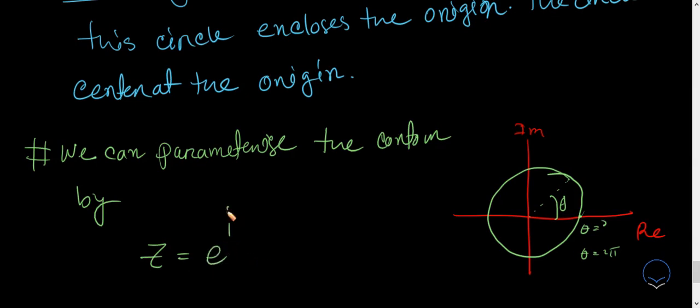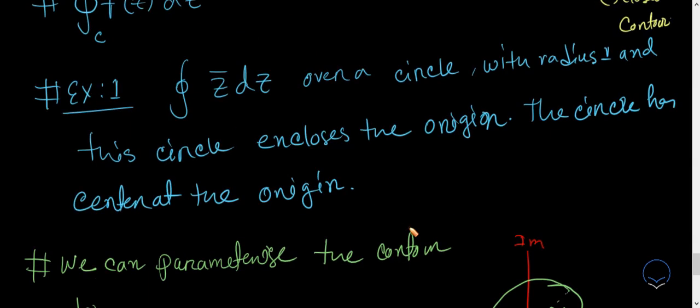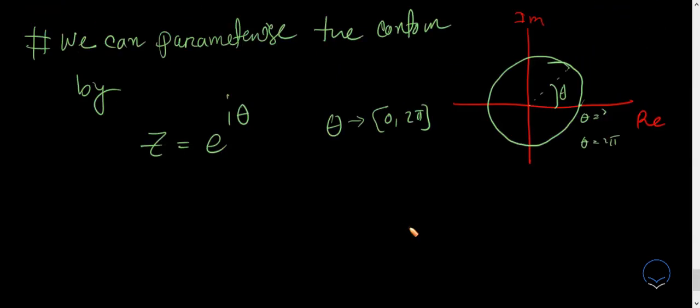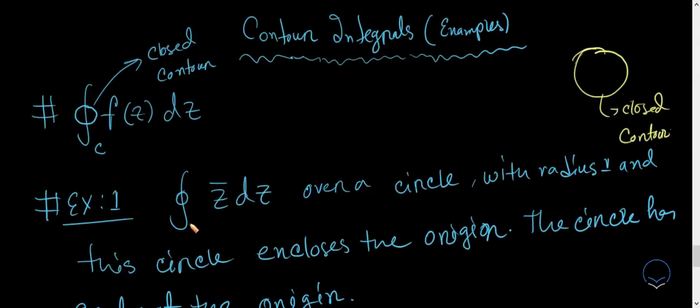So you just have to write e to the power i theta, where theta will go from 0 to 2 pi. Okay, and this is a closed contour. So now this is our parameterization choice, this guy over here in equation 1. And now you're going to just use this and evaluate this integral over here.